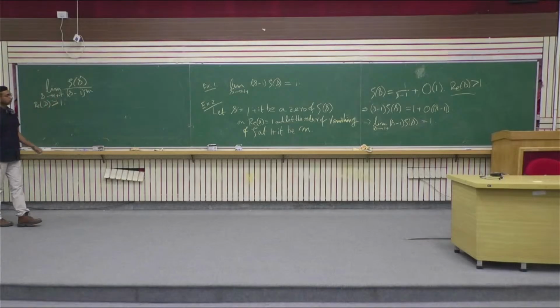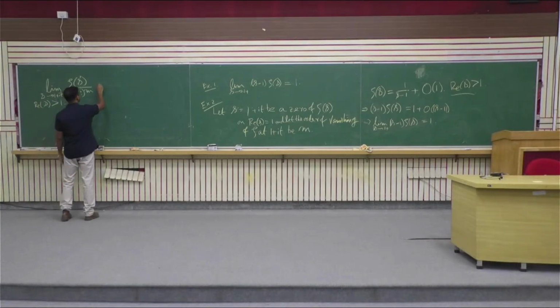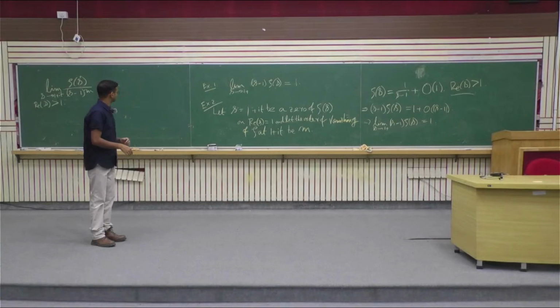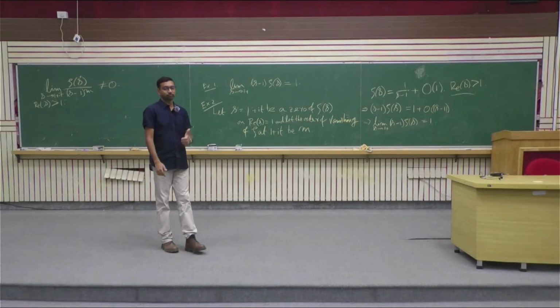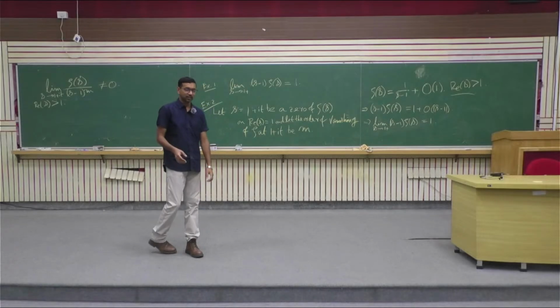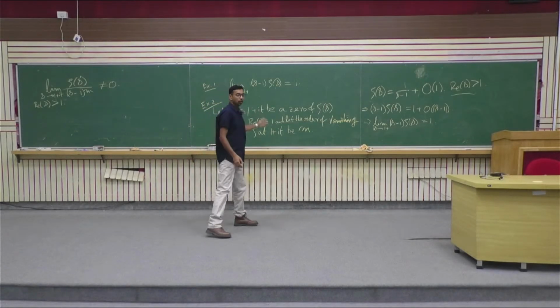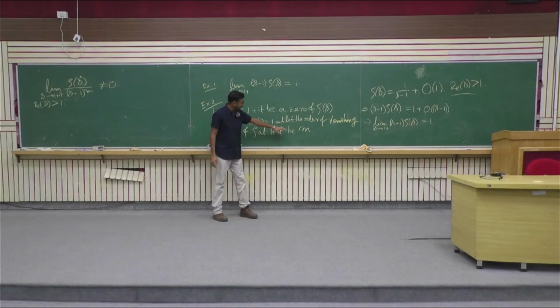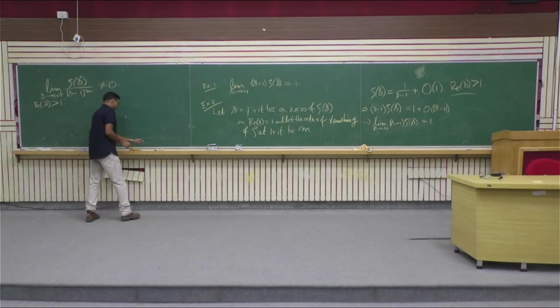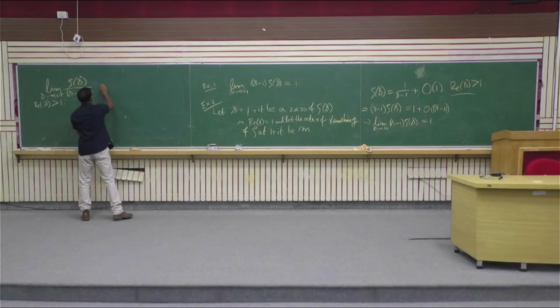Now this limit is not equal to 0. Why? Yes, indeed, it's just the definition of order of vanishing, that zeta s has order of vanishing m at this point. So in particular this is actually trivial. So it is equal to some constant which is not equal to 0.